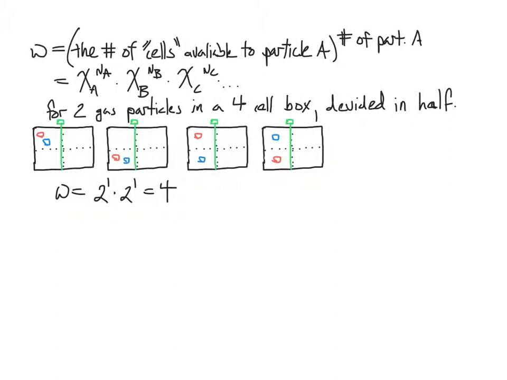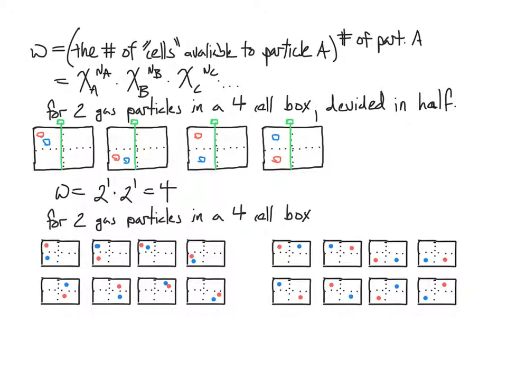Let's calculate W for 2 gas particles in a 4-cell box. In this case, it's not divided in half. It turns out that there are 16 different permutations of this possible configuration. So W equals 16.